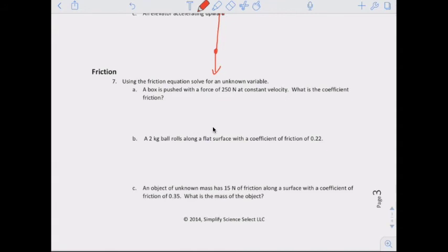So our normal force would be 10 newtons. So the force due to friction equals the coefficient of friction times our normal force. To find this, we take our force due to friction, which is 250, and divide it by our normal force, which is 10, which gives us a coefficient of friction of 25.